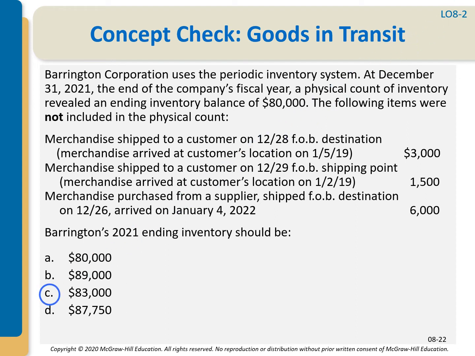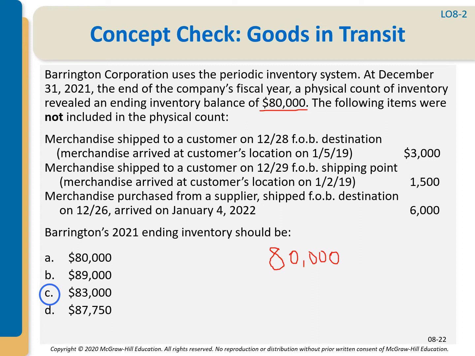The other items are in transit or somewhere else. The question is, what should the ending inventory be given all this information? So let's sort it out. First, we counted $80,000 worth of physical inventory. Whatever we start with, it would include the $80,000.